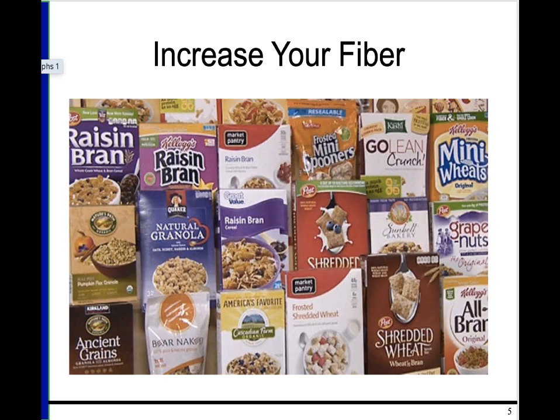A quick walk down the cereal aisle at a grocery store will show you lots of different cereals. Now, you could go through and look at each individual box and see how much fiber each contains. But how would you make sense of all of those numbers?